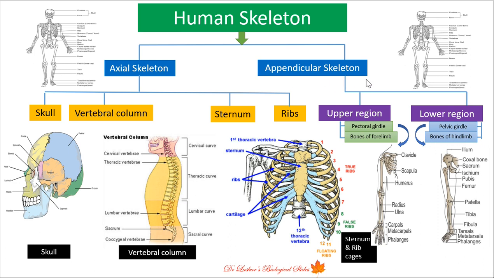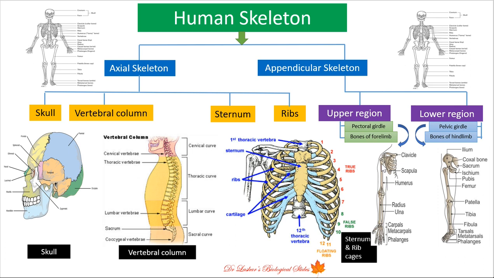That means the appendicular skeleton mainly consists of bones of forelimbs and hind limbs, pectoral girdle and pelvic girdle. The bones of the limbs along with their girdles constitute the appendicular skeleton.